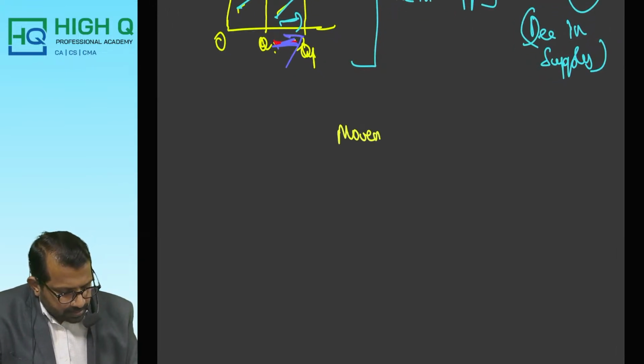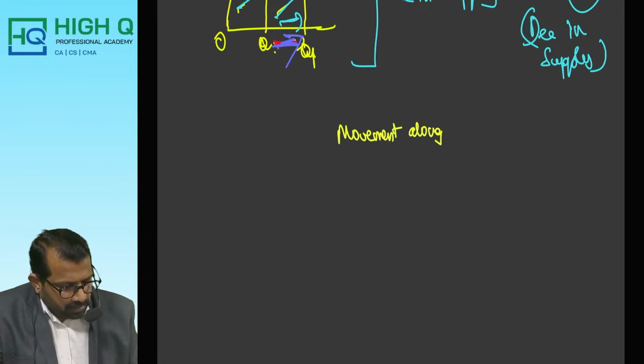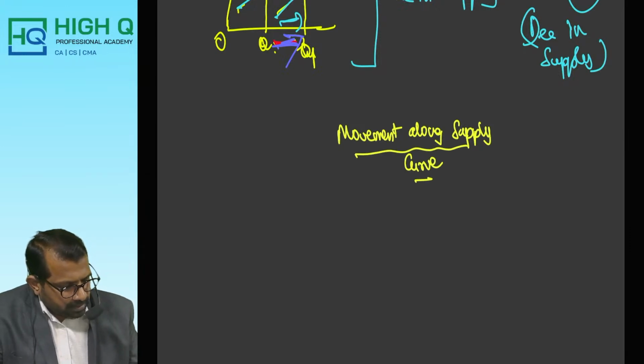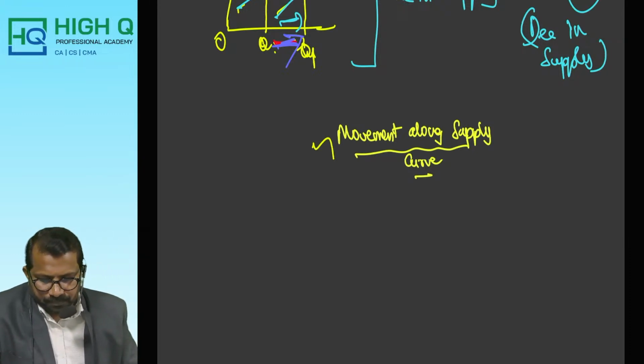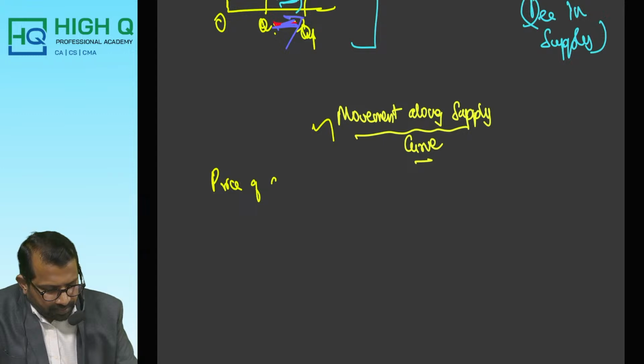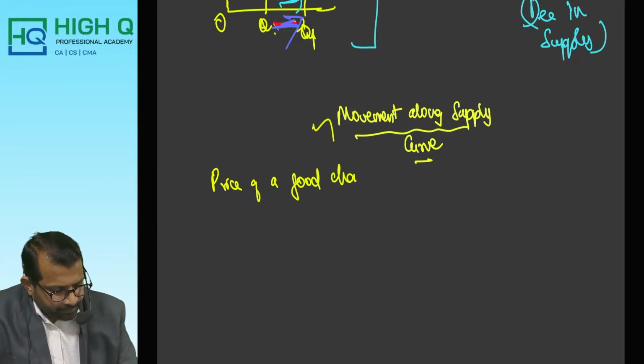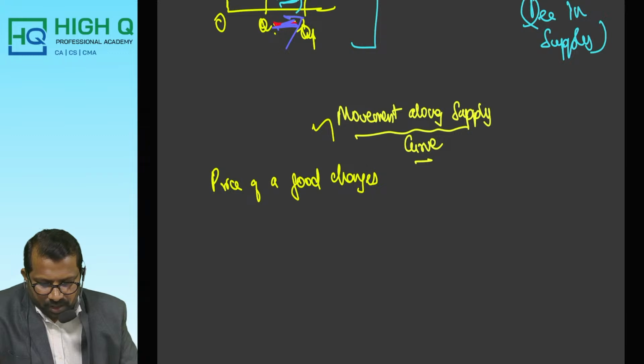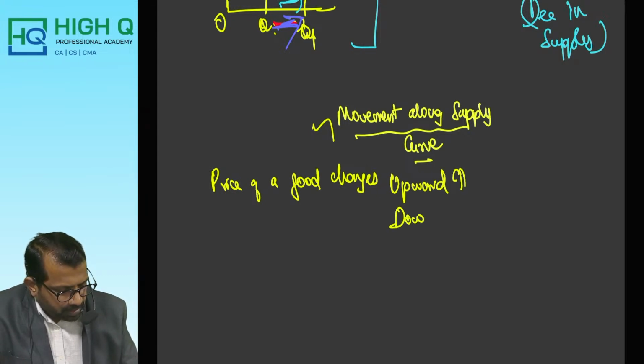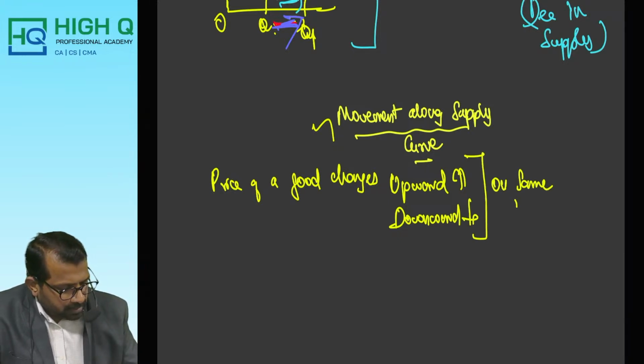Movement along the supply curve. The price of a good changes either upward or downward on the same supply curve.